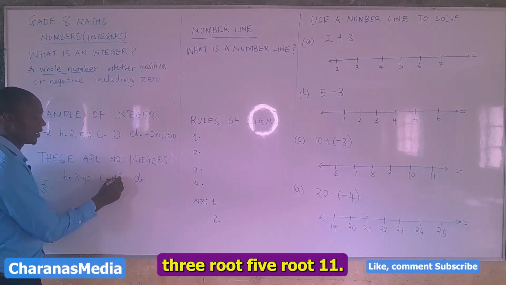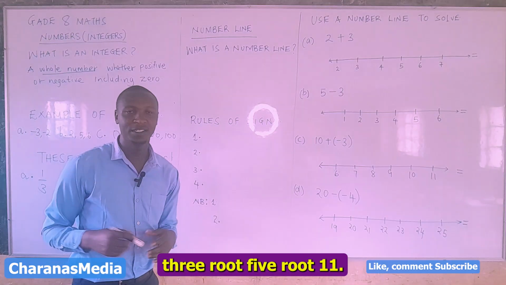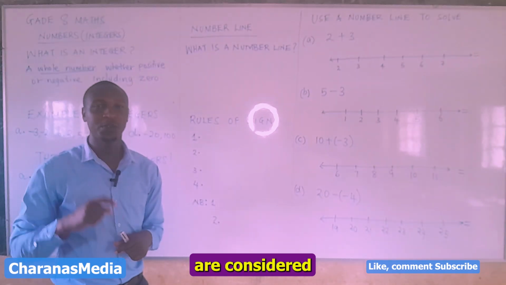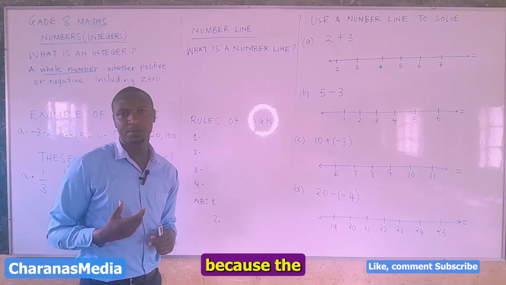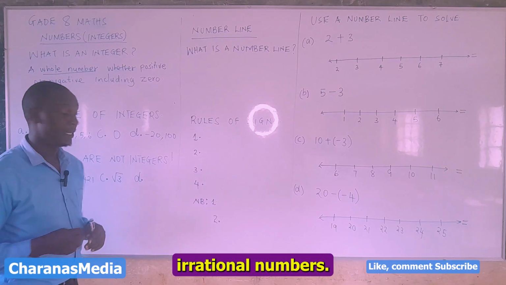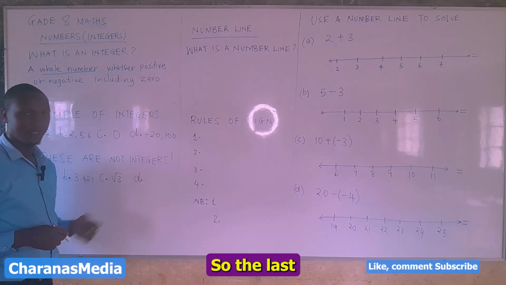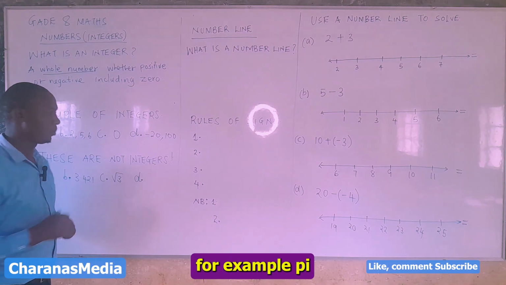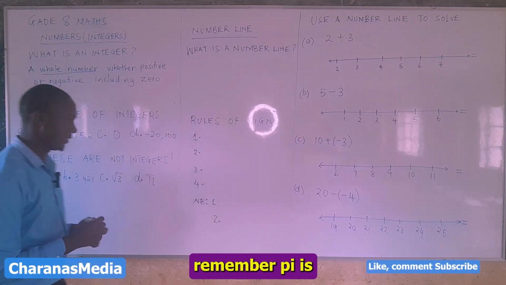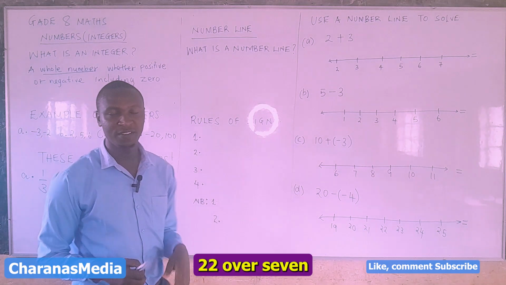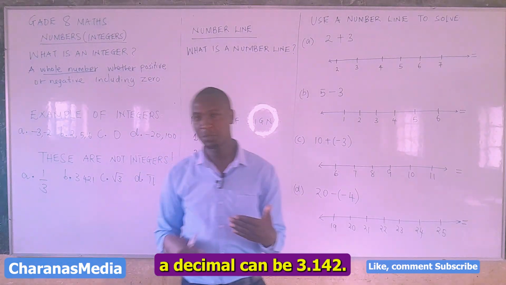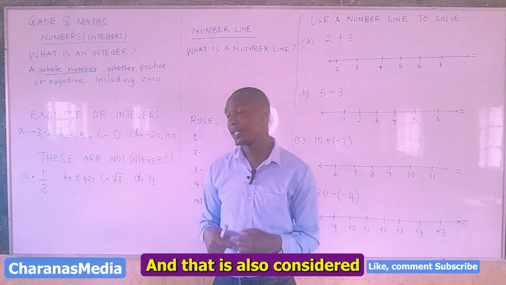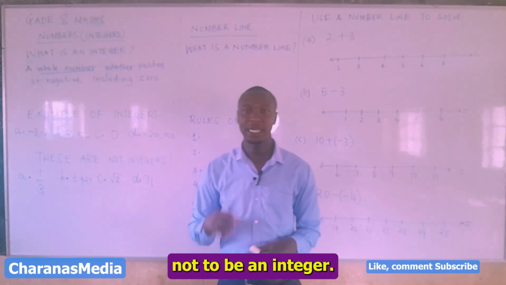For example, √3, √5, √11. All those surds, they are considered not to be integers because they are irrational numbers. So the last one is any constant. For example, pi. Remember, pi is an improper fraction, 22/7, or if converted to a decimal can be 3.142. And that is also considered not to be an integer.